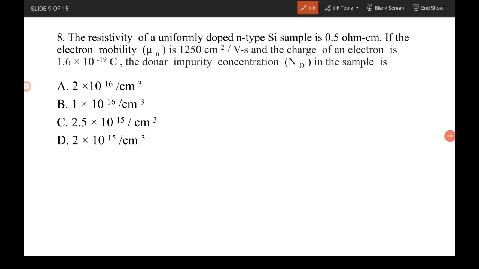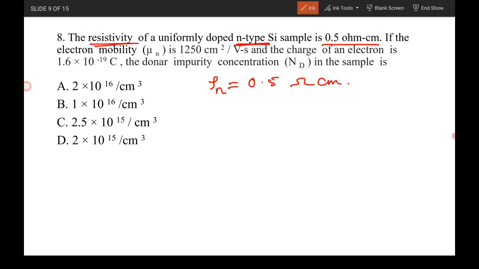So in this question you can see the resistivity of a uniformly doped n-type semiconductor is given as 0.5 ohm cm. So rho is given for an n-type, so it is rho n, which is equal to 0.5 ohm cm.